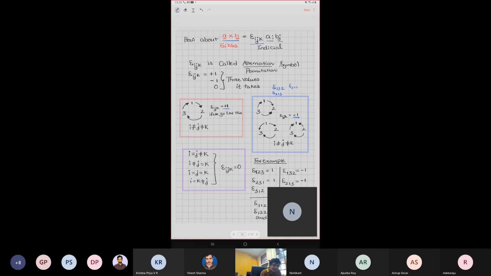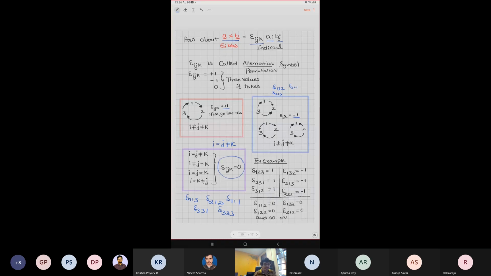But whenever two of the indices are equal, for example epsilon 1, 1, 3, epsilon 2, 1, 2, epsilon 3, 3, 1, or even epsilon 3, 3, 3, epsilon 1, 1, 1, the value is 0. This is the shorthand notation.